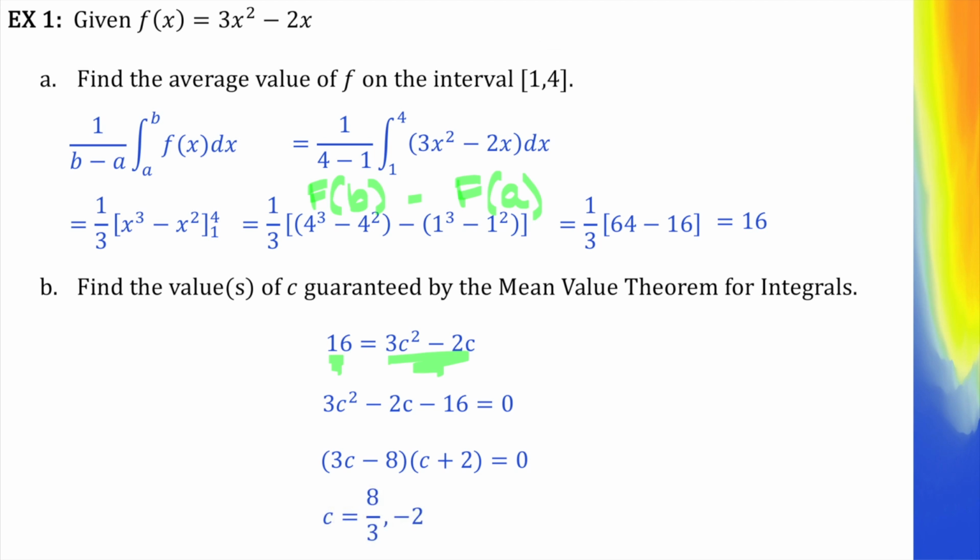Do some factoring here, and we get two zeros, 8/3 and -2. But -2, see, that is not in our interval, so we'll take that one out of the running. So we know that in our function, when x equals 8/3, the y value of the function is equal to the average value over the interval.